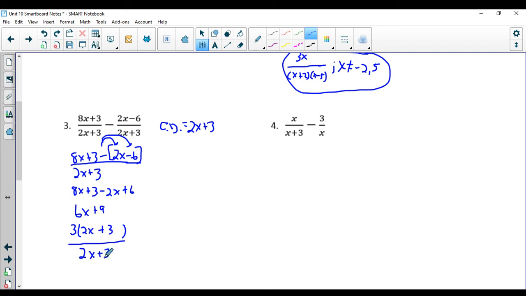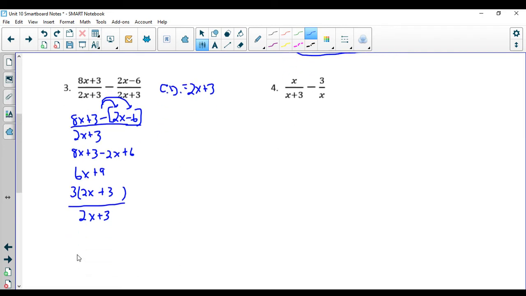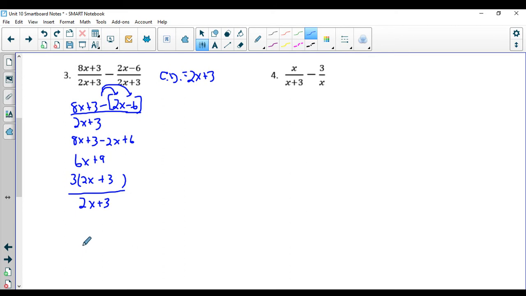Then on the bottom, I still have that common denominator of 2x plus 3. And now is the case where we can cancel out factors. So there's multiplication here. 2x plus 3 is a factor. So therefore, I can cancel out the 2x plus 3's. So we're left with the final answer of 3.